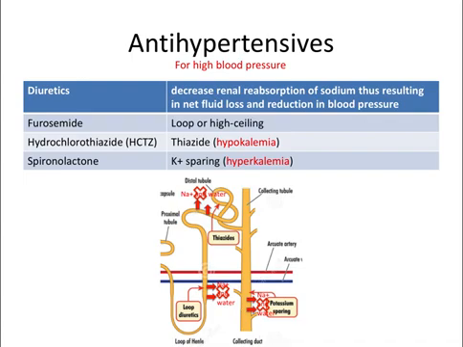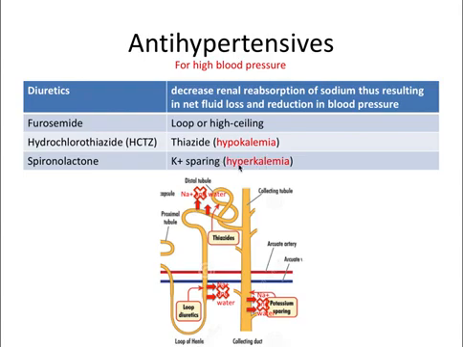So diuretics can also affect blood potassium levels. Specifically, the thiazide diuretics can cause your potassium levels to drop too low, which is called hypokalemia. If you're on a potassium-sparing diuretic, you can have the opposite issue, and you have too much potassium in your blood. And this is called hyperkalemia.